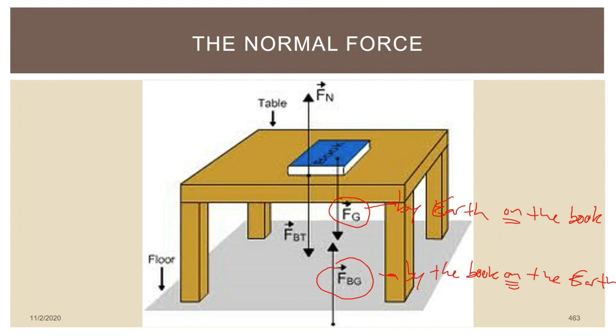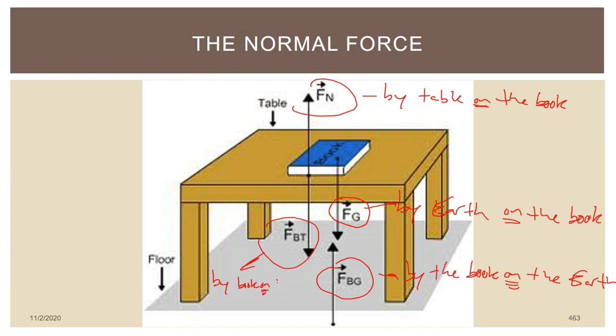So those are 2 forces right there. Then we have, as pictured in here, the normal force, which is exerted by the table on the book. And then we have the reaction to that force, which is the force exerted by the book on the table.